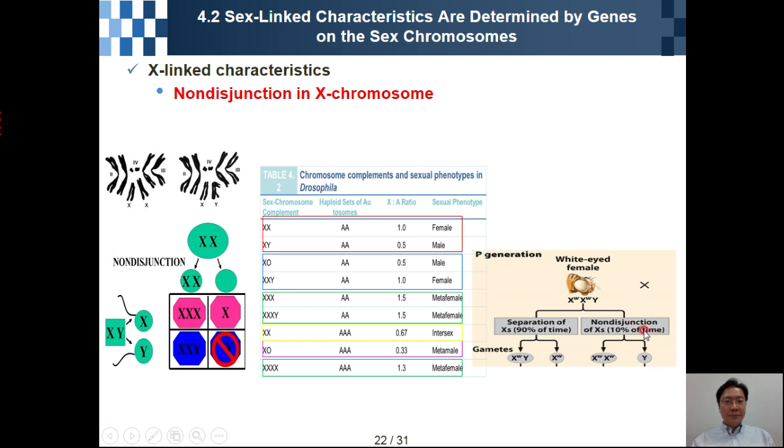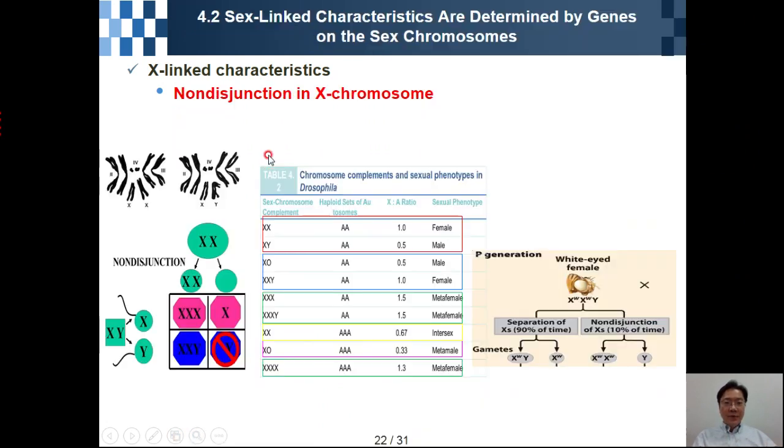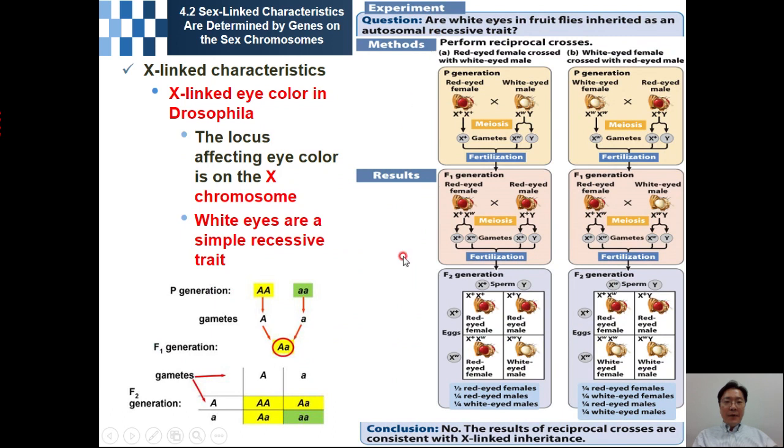In this slide I will explain how people found that the gene for white eyes is located on the X chromosome. Let's go back to the previous slide. Based on this result, they found that white eye in fruit flies is not inherited as an autosomal recessive trait.